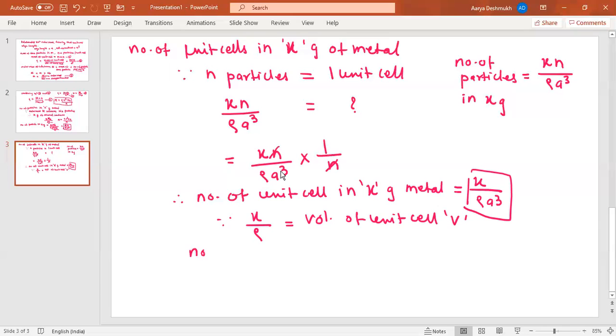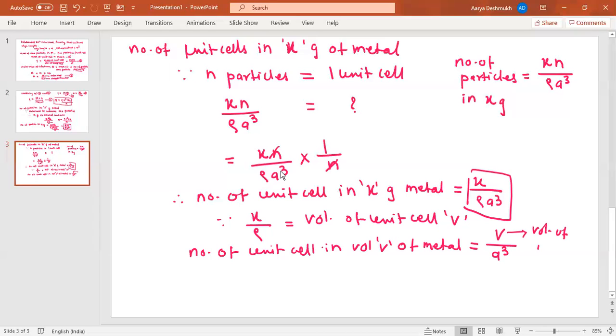So the number of unit cell in volume V of metal will be equal to V upon A cube, where this is the volume of metal, isn't it? And this is nothing but volume of unit cell. In this way, you are able to solve different problems based on the equation that we derived just now.